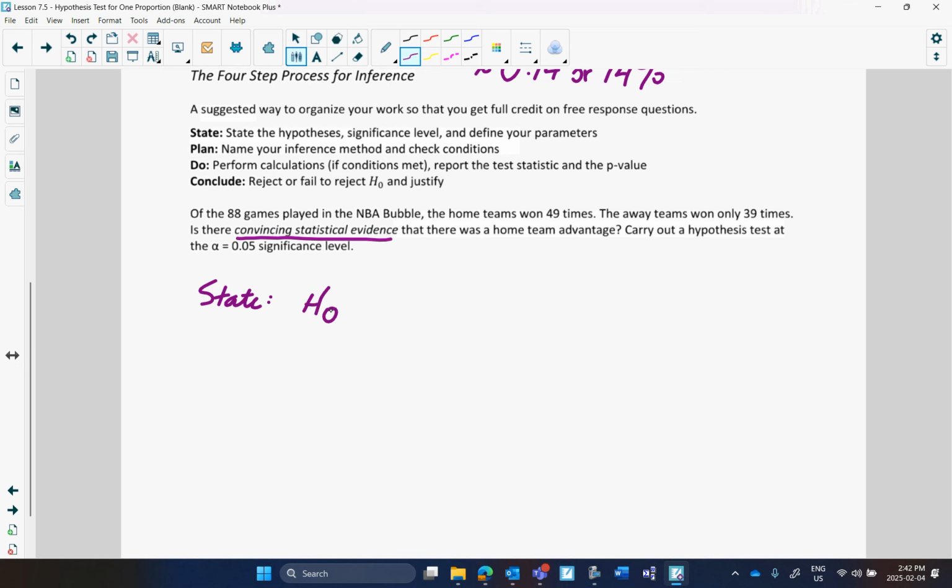This is where we're going to put our hypotheses and what p represents. So we're going to have this. Remember the status quo was no home court advantage, or the null hypothesis. We were trying to prove if there was home court advantage, which means it has to be greater. And then we had to define what p was.